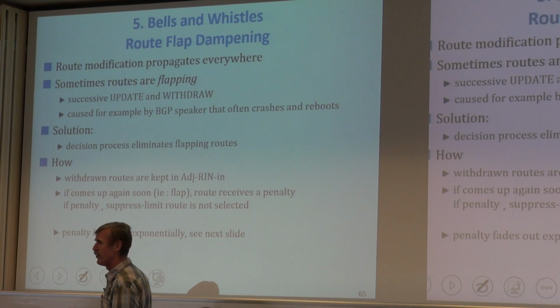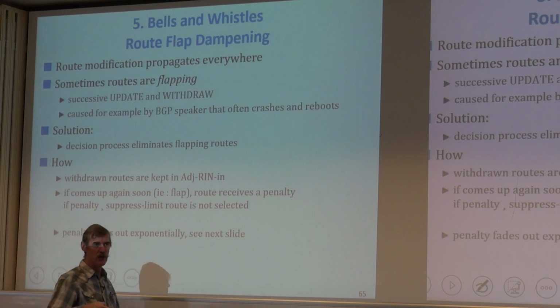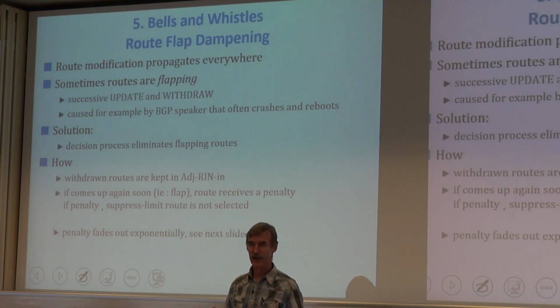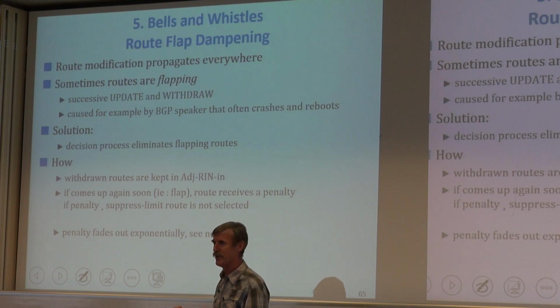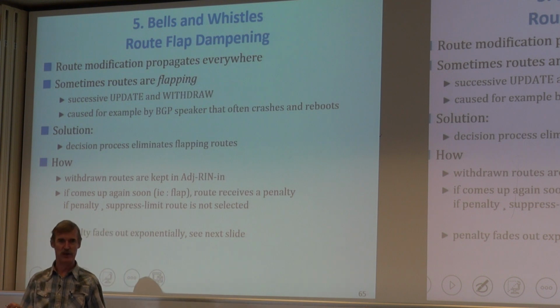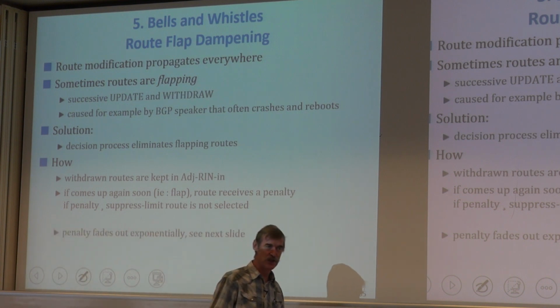What happens then? When the router that has crashed comes up, it will learn a number of routes and start doing its BGP job, propagate routes around, then it will crash. Then when it crashes, all the neighbors of this router will detect the crash, will send withdrawal messages to everyone, and then a minute later, this router comes up again, and the routes will change, so there will be new advertisements followed by withdrawals, etc. So it's a denial of service attack on BGP. In fact, the BGP routers are constantly exchanging information that changes all the time.